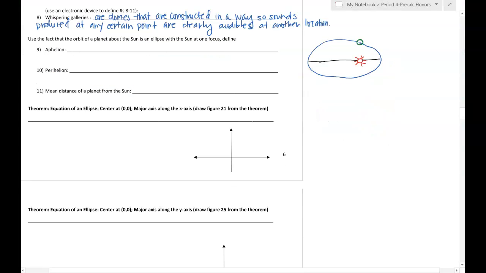Aphelion, when a planet is farthest from the sun. So what it means is this.